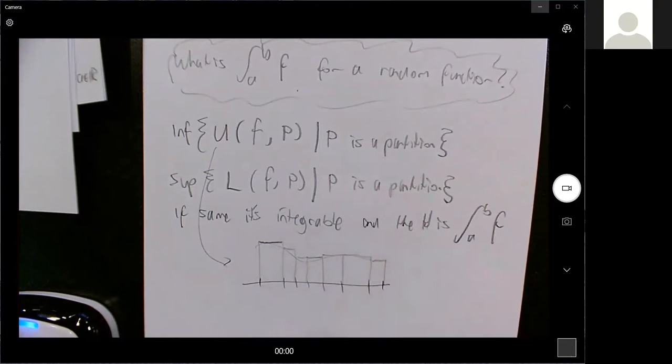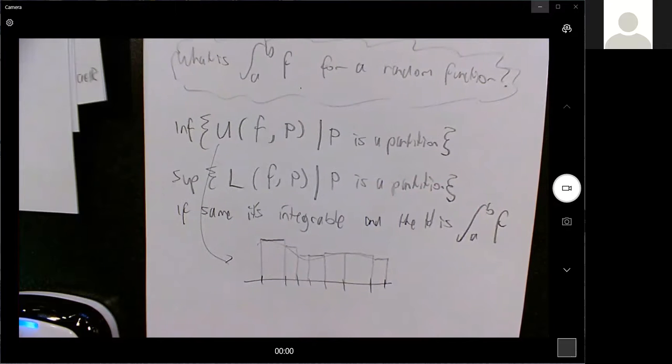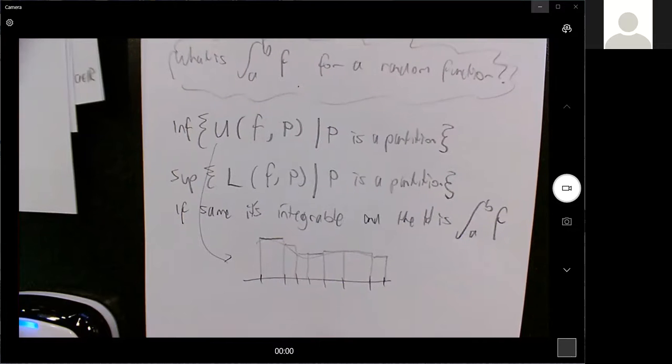Yep. Cool. And I very carefully said supremum and not maximum, because your function might not have a maximum on that interval, but to be integrable, it does have to have a supremum on every interval. And most functions are continuous anyway, and so they're actually bounded on a finite interval, so that's nice.